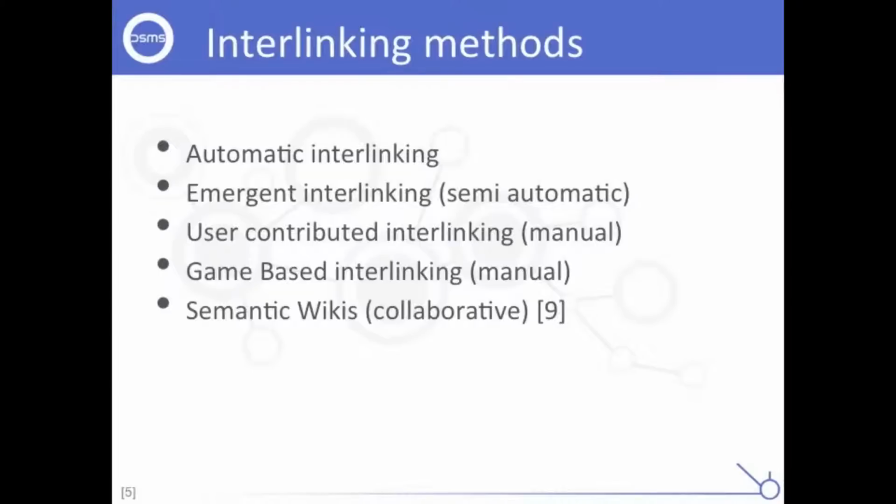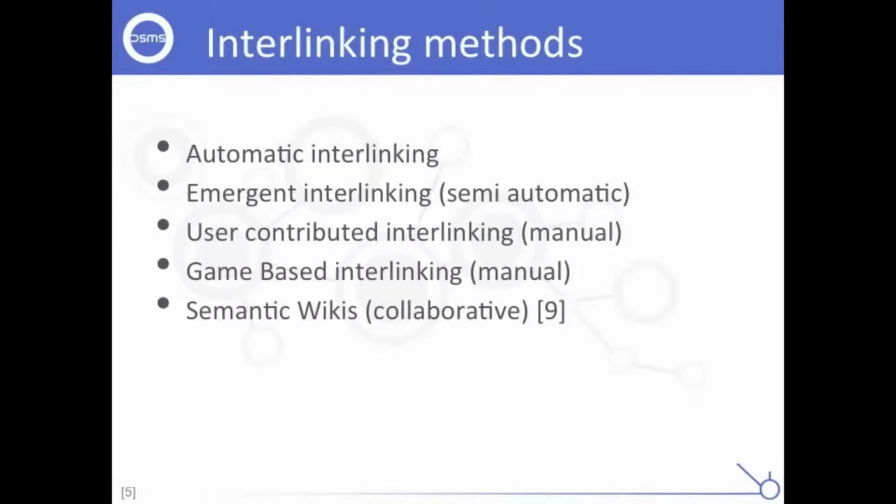Third, user-contributed interlinking, also known as manual. The advantage of the application of UCI for the interlinking of multimedia is that it is based on end users as sources of qualitative information. Fourth, game-based interlinking, also manual.